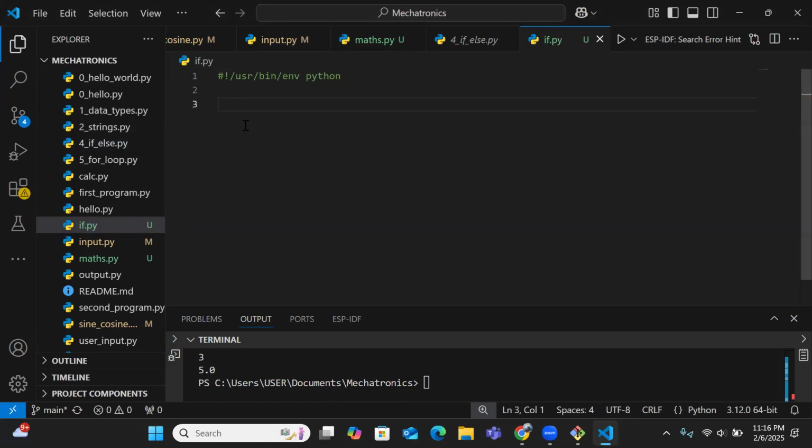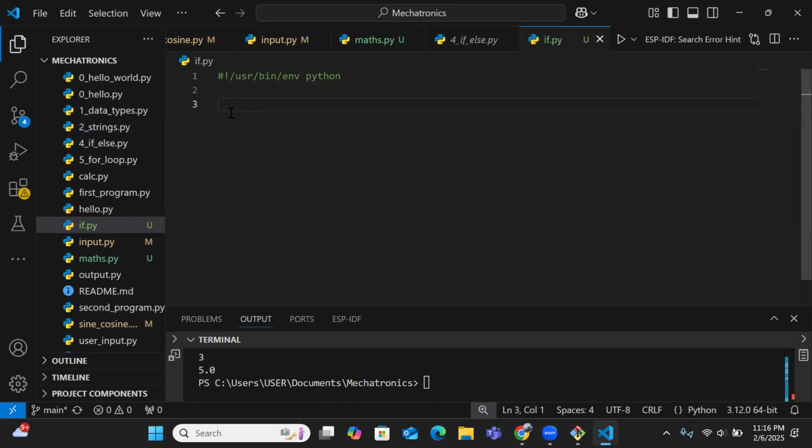I want us to look at how to compare things. So if is used for comparing, like for example, you have a number. Bob, you forgot to put a slash after the env. No need, there is no need.